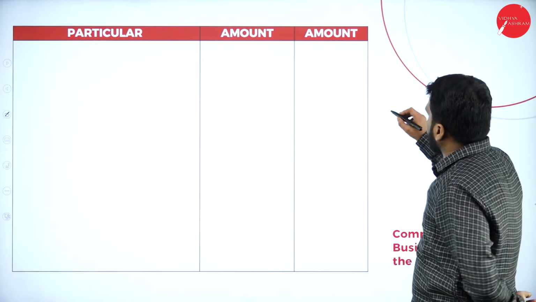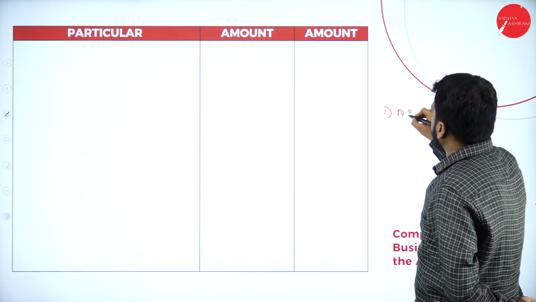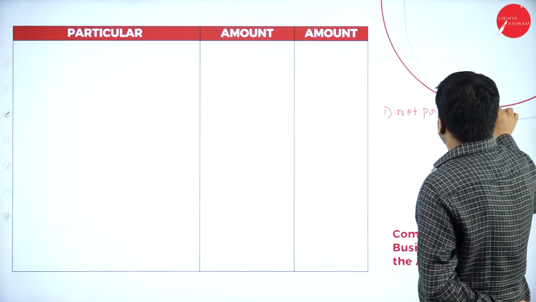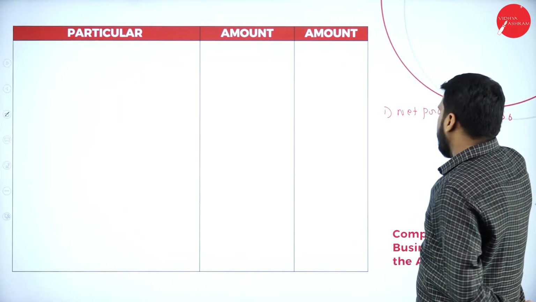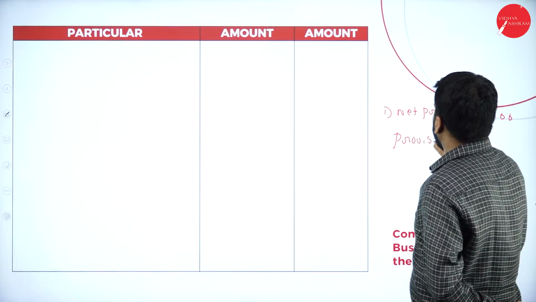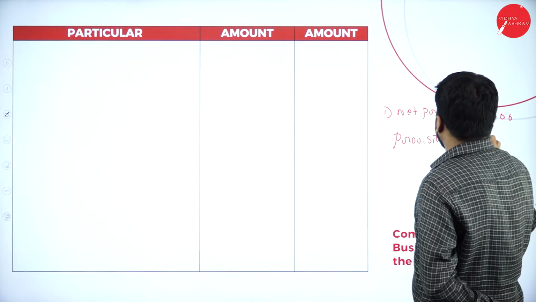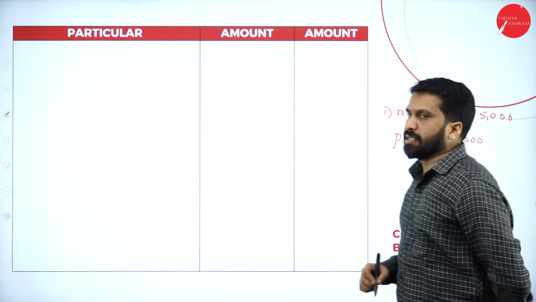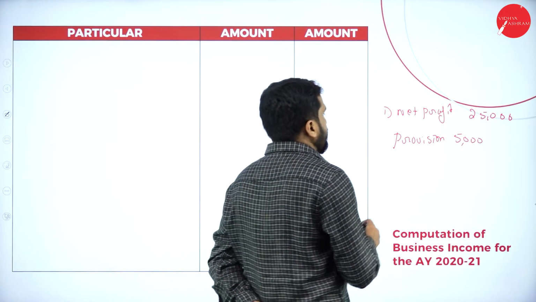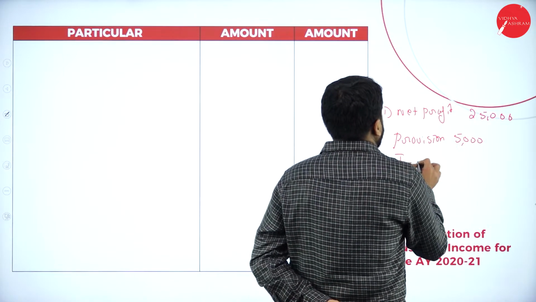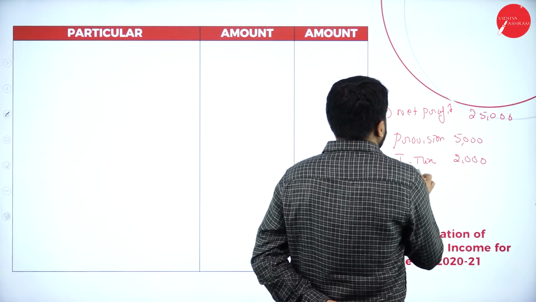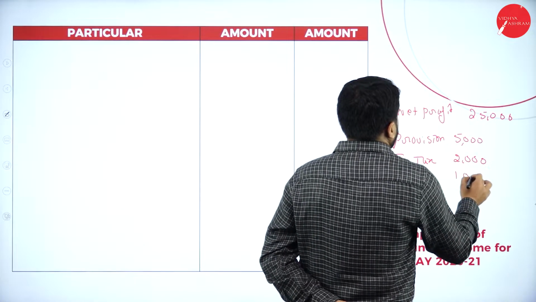In the example problem, they have given net profit 25,000 and they have given provisions 5,000. Provision for expenses, it is 5,000. Then income tax, it is 2,000. Depreciation 1,000.